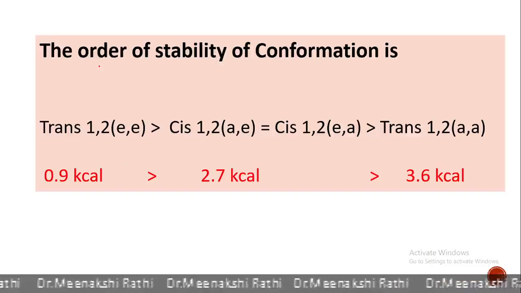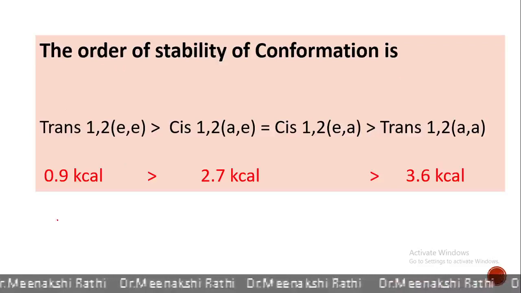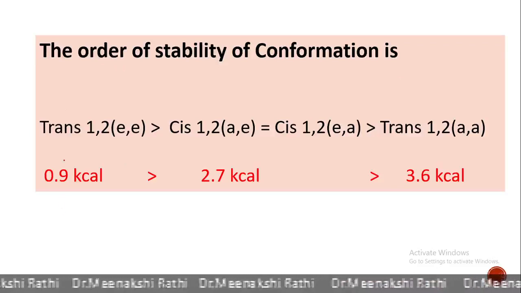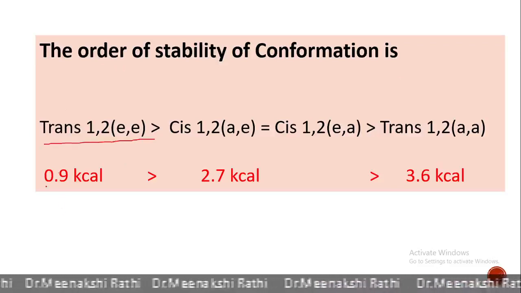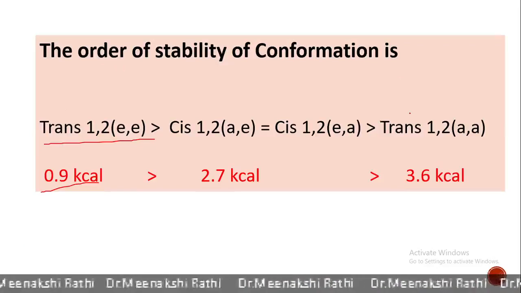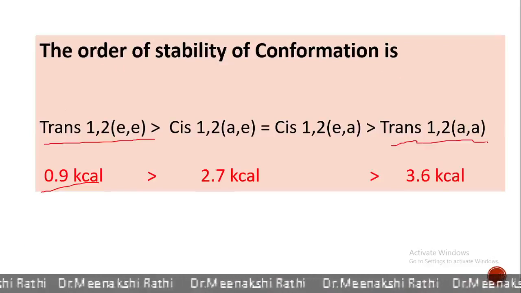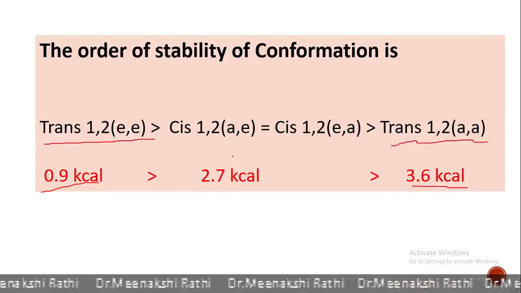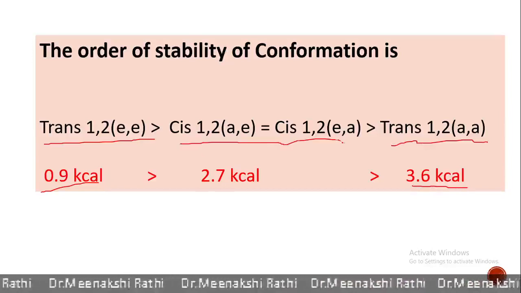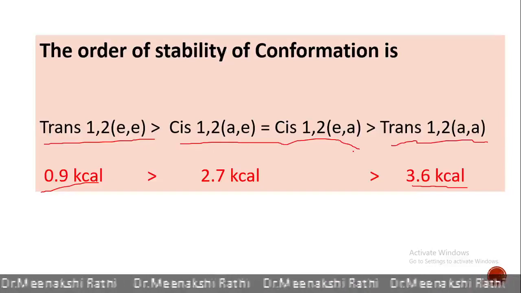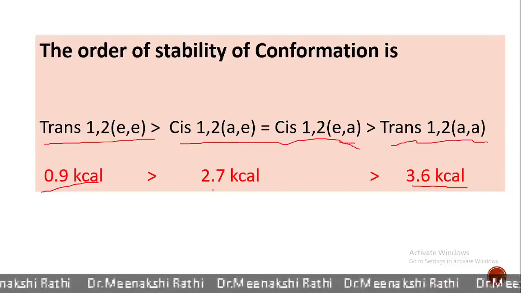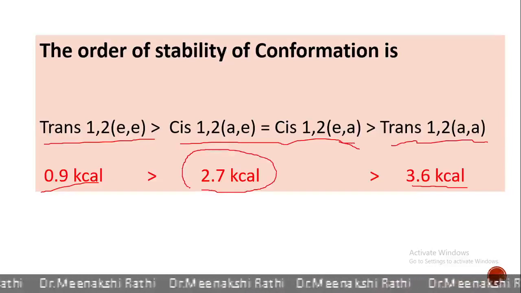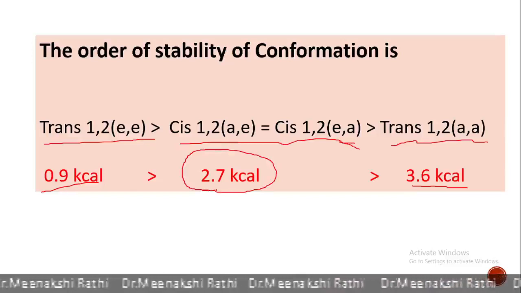Here the order of stability of conformation is clearly shown. Trans 1,2-EE is more stable with lower energy, while trans 1,2-AA is least stable because of higher energy. While cis 1,2-dimethyl, whether it is AE or EA type, is intermediate with 2.7 kilocalorie per mole.